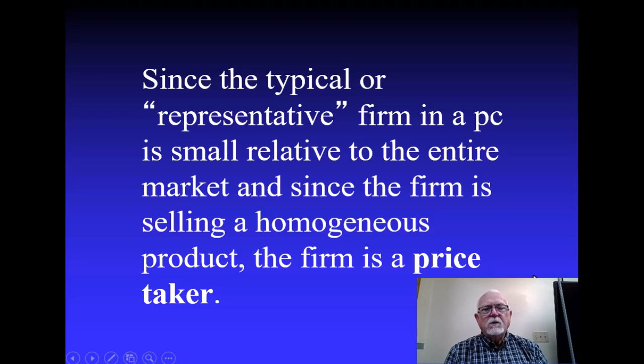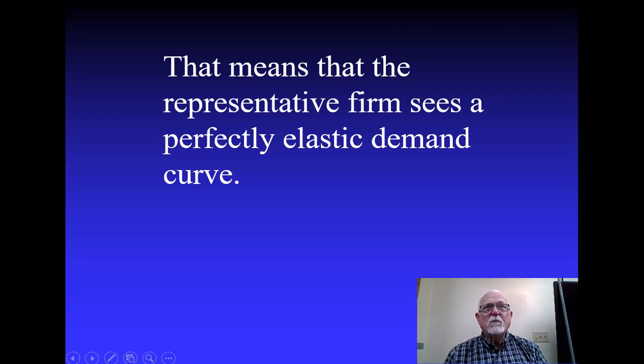Now, we're going to look at a typical firm. We're going to call that the representative firm. And they're so small relative to the entire market, and they sell exactly the same product as a farmer down the street, if you want to think of agriculture. Therefore, the firm just has to take whatever the market price is. They are price takers. A representative firm, a typical firm in a PC is a price taker. They have to take whatever the market supply and demand conditions set as a price.